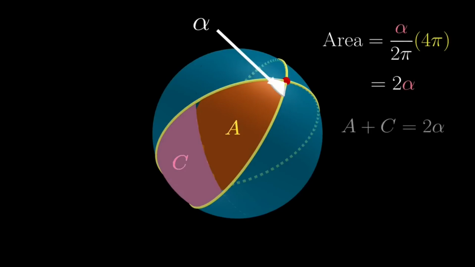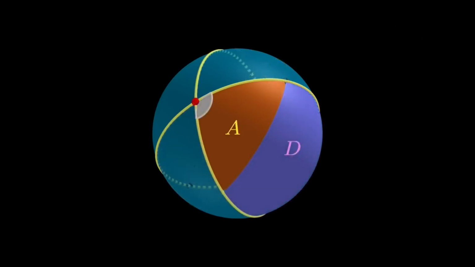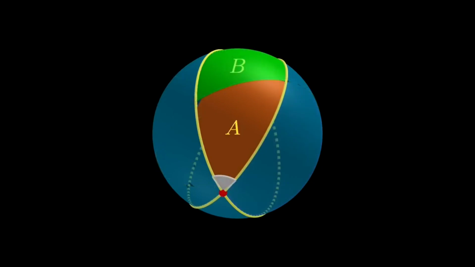So the sum of A and C is 2 alpha. In exactly the same way, if we combine the regions A and D together, and the angle at the vertex is beta, then we have the sum of these areas to be 2 beta. Combining A and B together, the sum of A and B is 2 gamma, where gamma is the angle at this vertex.